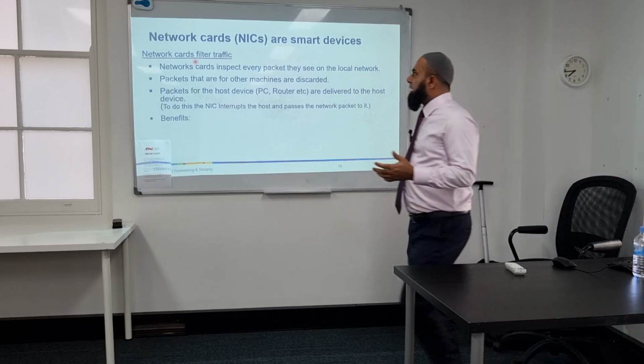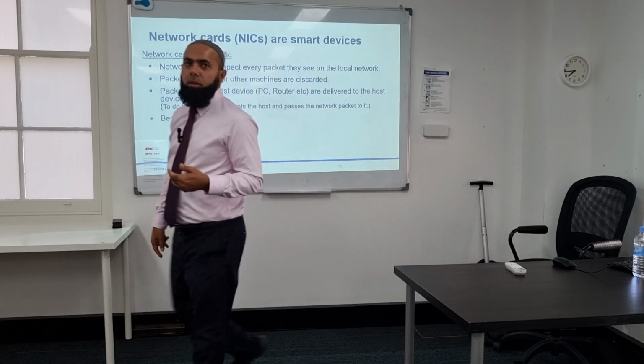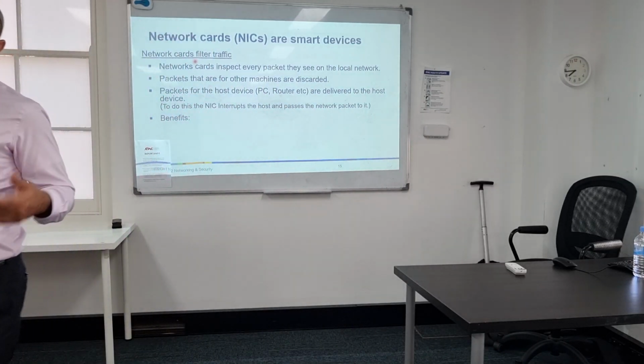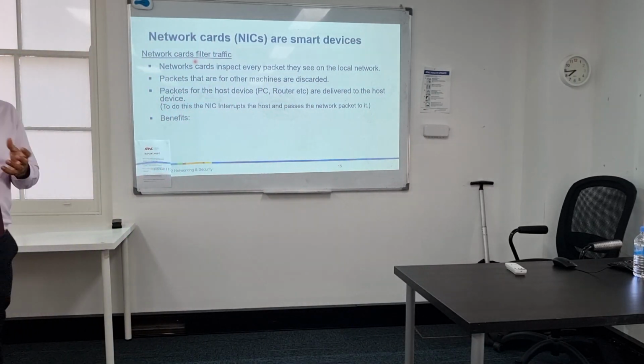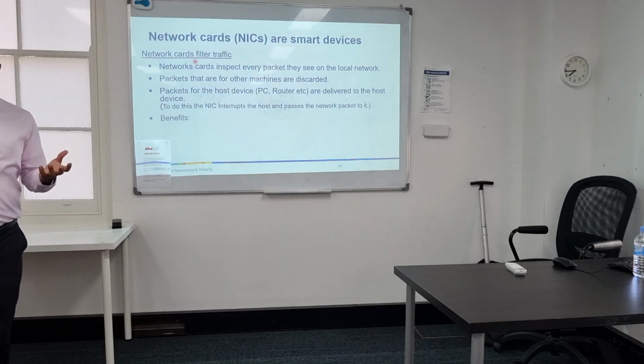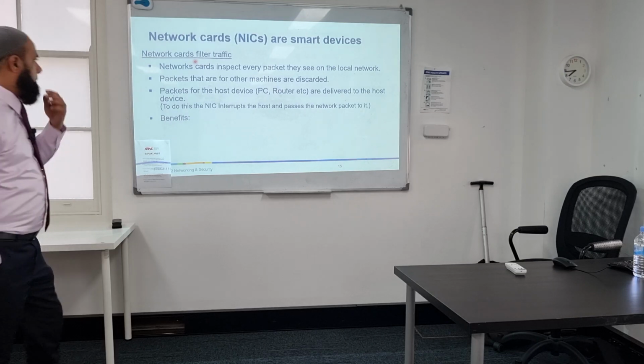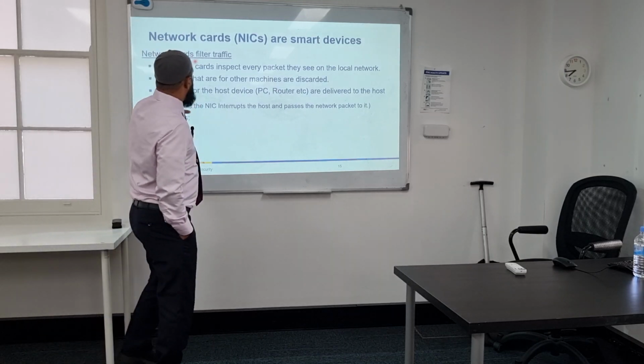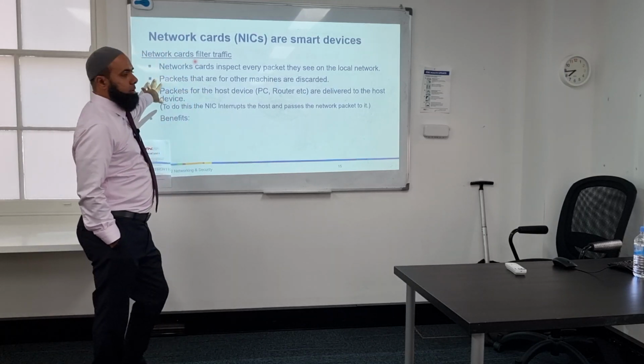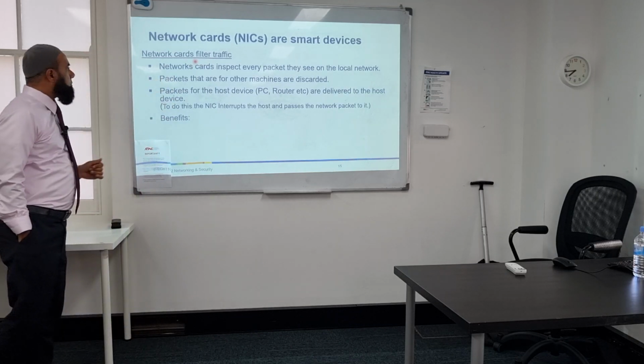Yeah, when we say they are smart devices, it means they are intelligent enough to see which data they need and which they don't. This is what is meant by the filtration process: take what they need, and don't take what they don't need, or which is not for them.